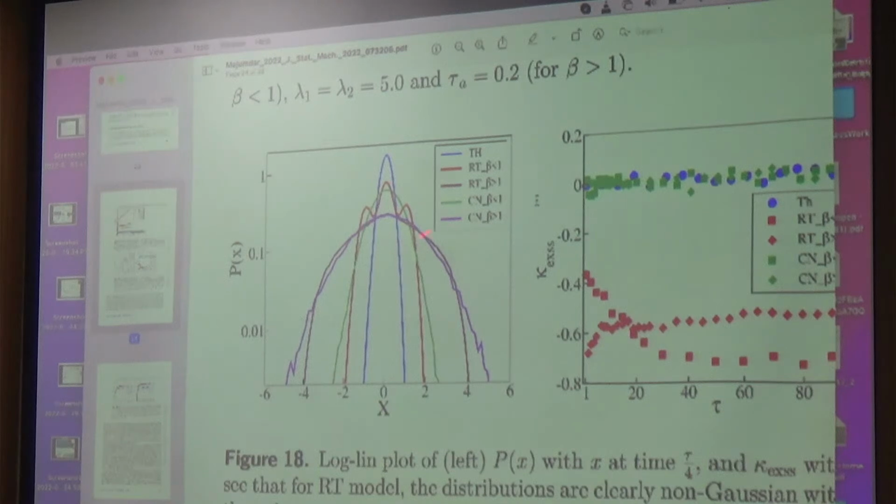RT means run and tumble, TH means thermal, and CN means color noise. This is simulation actually. So we can calculate the X distribution for various noises, and we see this bimodality and all sorts of complex functions as the distribution of X in case of active systems. This is what I just wanted to share with you.